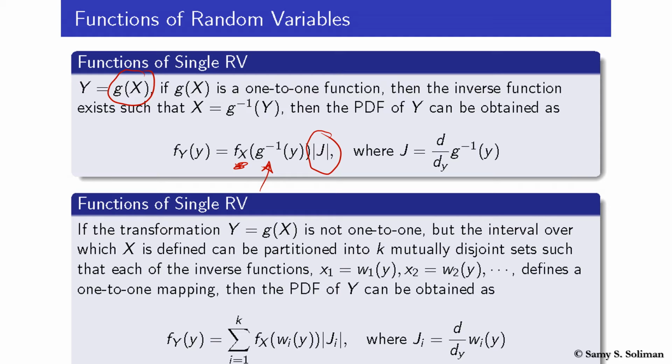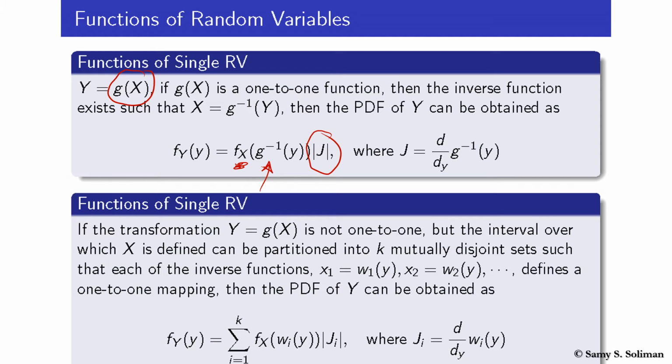That was not used in the case of discrete random variables because, as I told you, in the case of discrete random variables, the values of the PMF are not changed. The corresponding values of y are the ones which change, but the values of the probability mass function themselves do not change. So the summation is still equal to 1, so there is no need for the Jacobian.